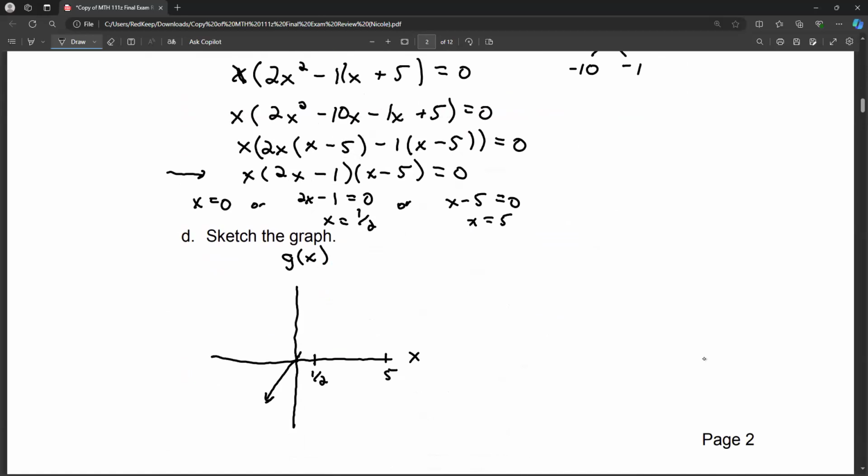It must turn and intercept the x-axis at x equaling 1/2, as we observed in part C. Then the function must come back, intercepting at x equaling 5, and then the end behavior goes off to infinity, like so. So that's a rough sketch of what the function g of x looks like, based off all the information we gathered.